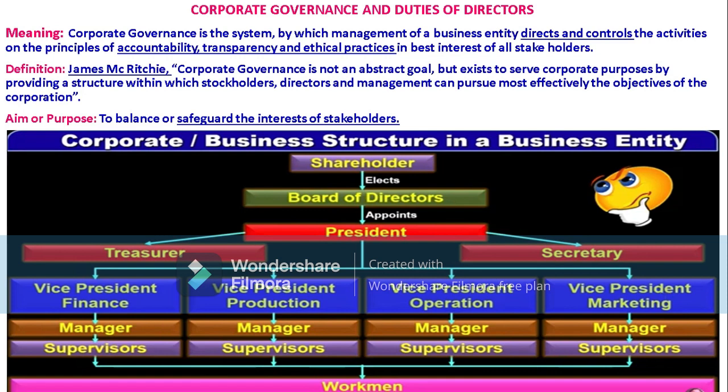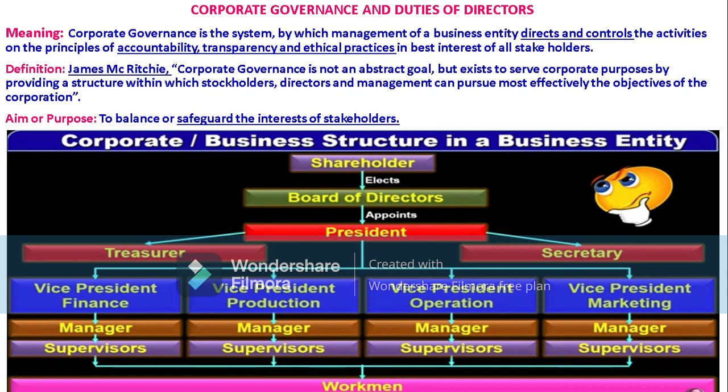It plays an important role in the organizational activities. Okay, the main aim or the main purpose of corporate governance is to balance, or to safeguard, the interest of stakeholders. Interest of stakeholders means shareholders, customers, employees, government, bankers, suppliers.